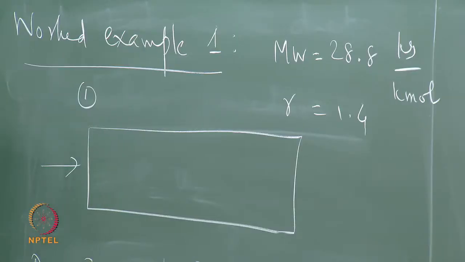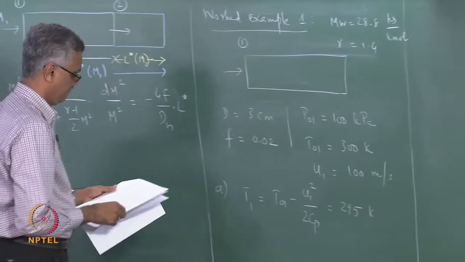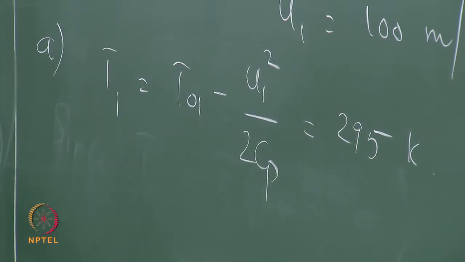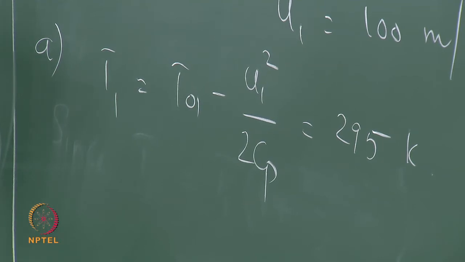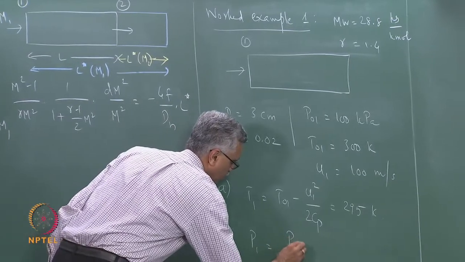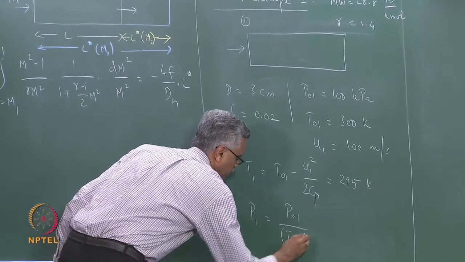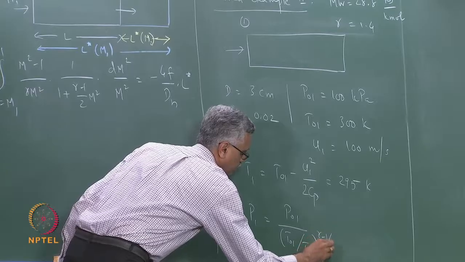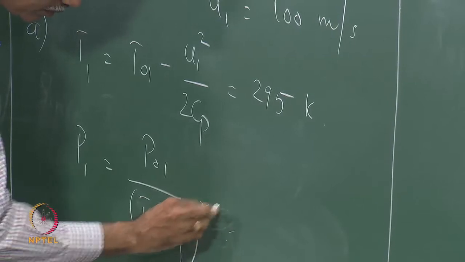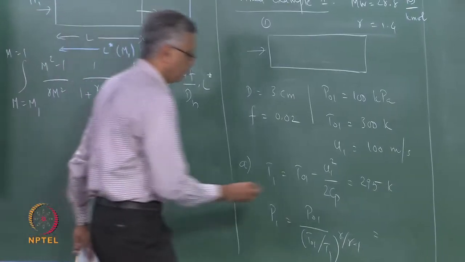So, if you substitute these numbers, we get the static temperature to be 295 Kelvin. And the static pressure P1 is nothing but P01 divided by T01 divided by T1 raised to the power gamma over gamma minus 1, and so the static pressure comes out to be 94 kilopascal.